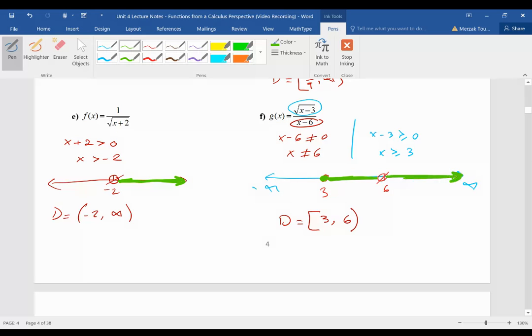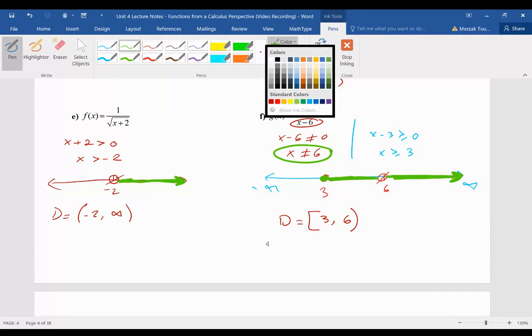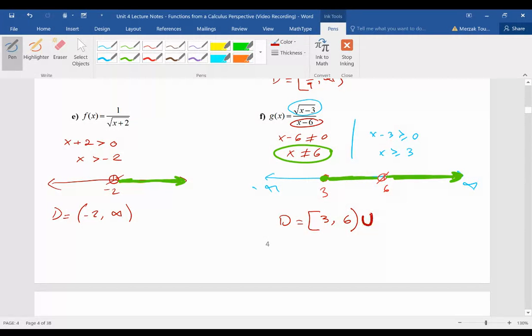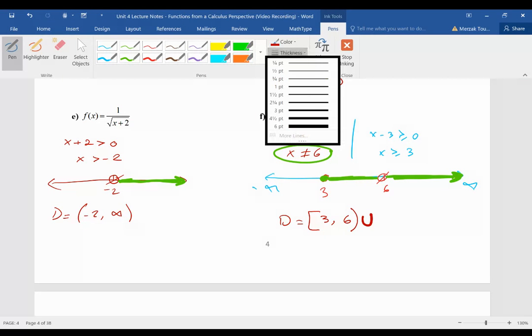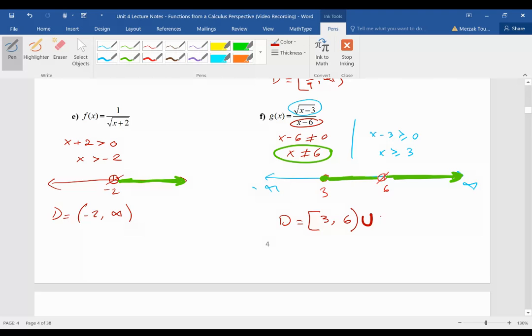Because the inequality says greater than or equal to 3. If this was not part of this function, then we would include the 6. But we don't, because if x equals 6, then we're dividing by 0. Good. So now the domain is not yet complete. We've got to put a union, parenthesis, 6 comma infinity.